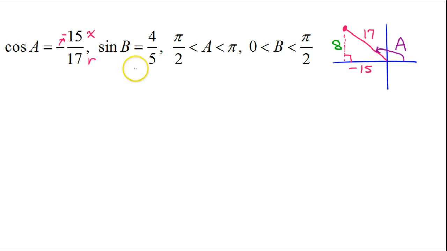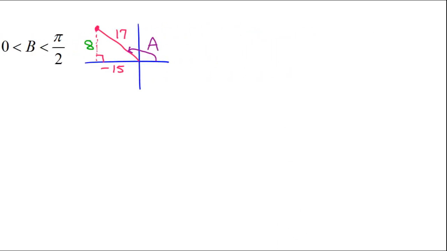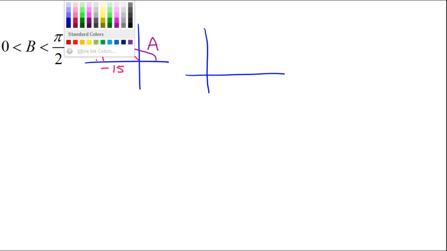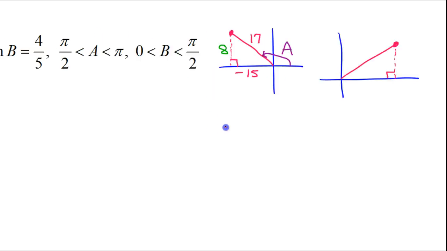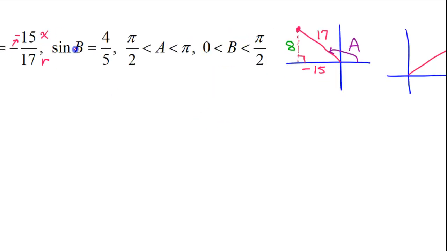So similarly, I need a diagram for angle B. Angle B is between 0 and pi over 2. So that puts it in the first quadrant. So let's go ahead and draw a first quadrant diagram then. Okay, and we are given this fact.